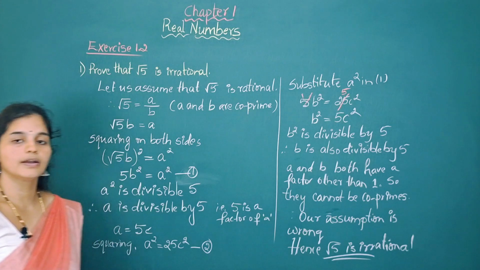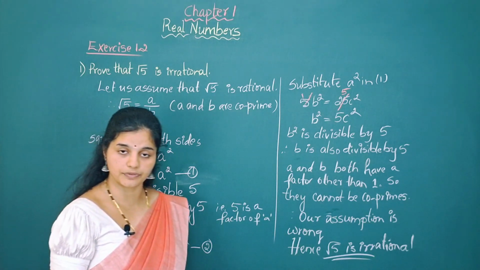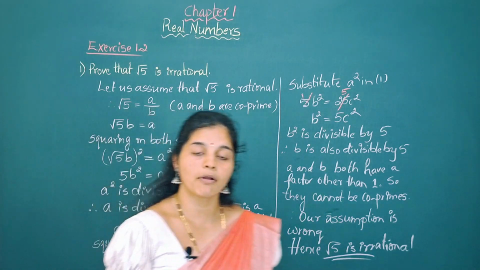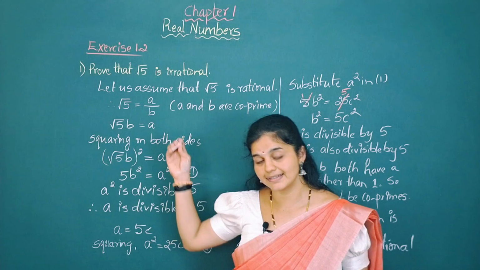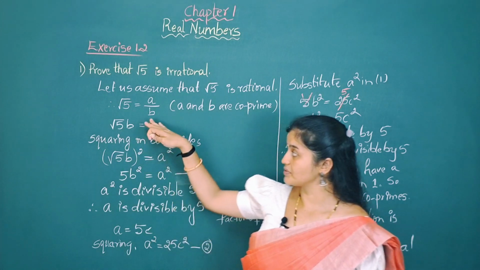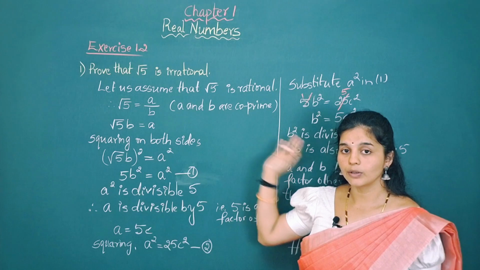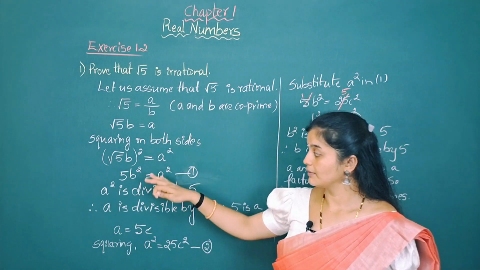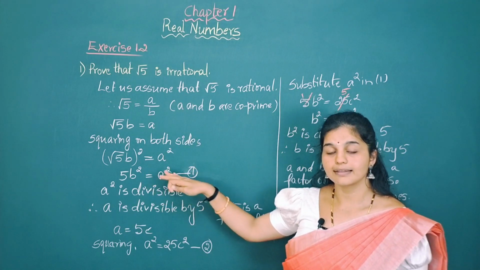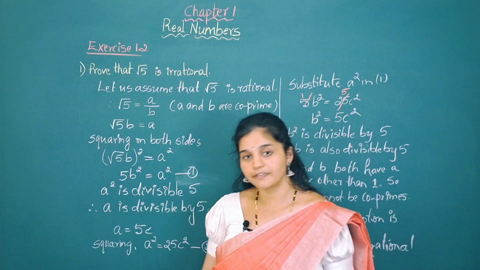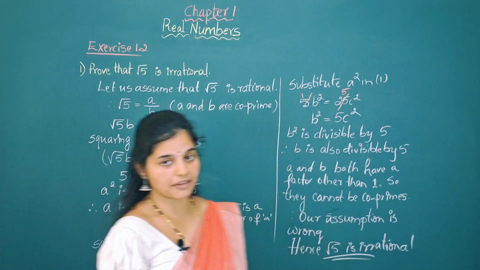So, this is how you can prove that root 5 is irrational. So, by contradiction, we assume root 5 is rational. Since root 5 is rational, we can write it as a by b, where a and b both are co-primes. So, from this, we can make out that a is divisible by 5.